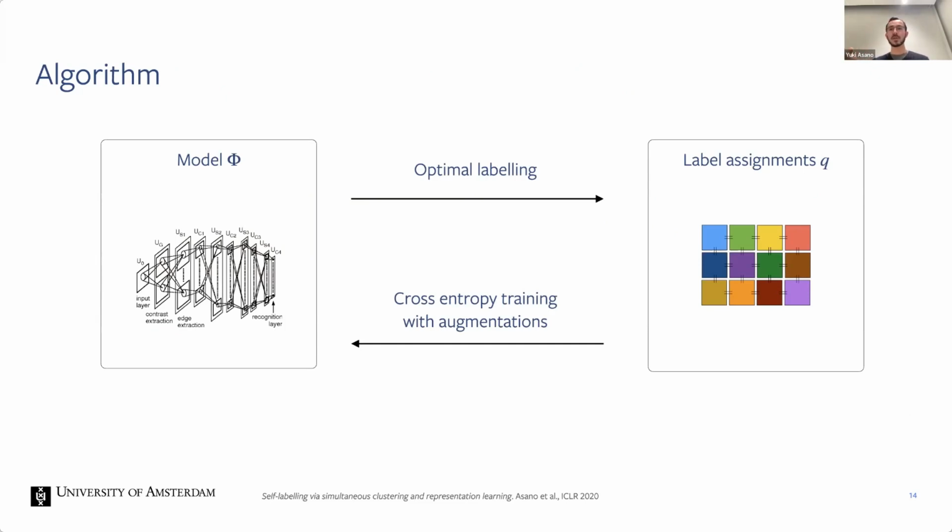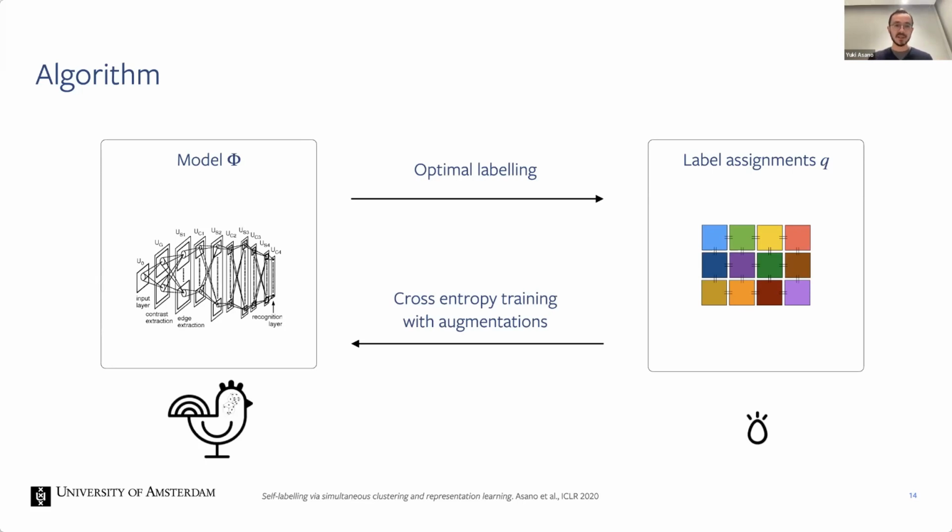And then again, you do this optimal assignment and you keep on going. It's kind of like an expectation maximization algorithm in that sense. And with this algorithm, we basically solve the age-old mystery of what comes first, whether it's the chicken or the egg. And it is the chicken, and more accurately, it's a randomly initialized chicken.